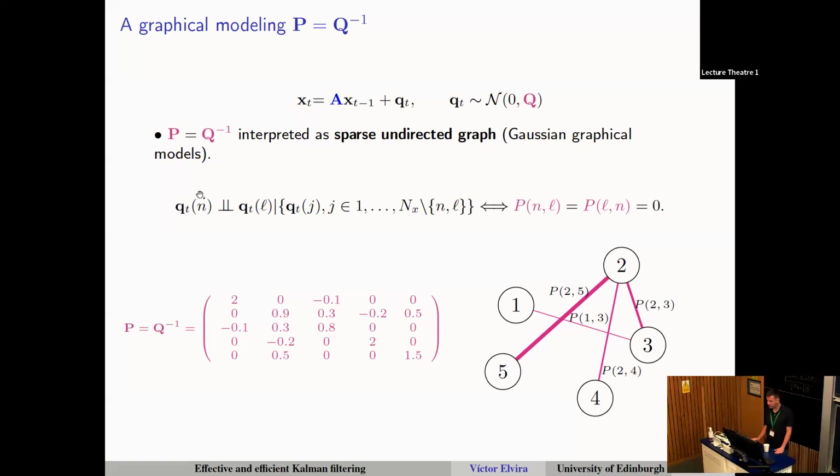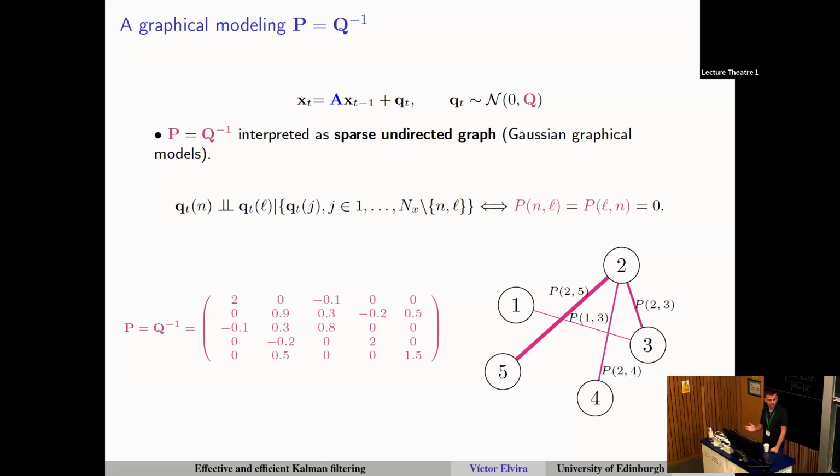So if the precision matrix has 0 in some positions, position L and N, necessarily the dimension N of the vector and the dimension L of the vector are conditionally independent given the other entries of the vector.